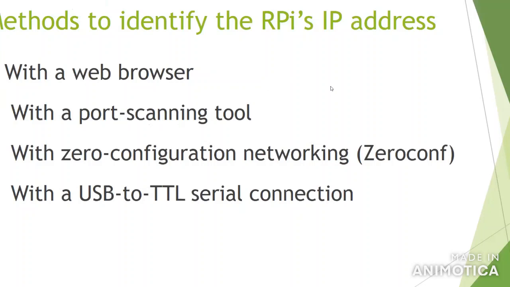Once you install the Linux system to your Raspberry Pi, remember that the Raspberry Pi has an HDMI port, which means you can use an HDMI cable to connect your Raspberry Pi to a monitor.